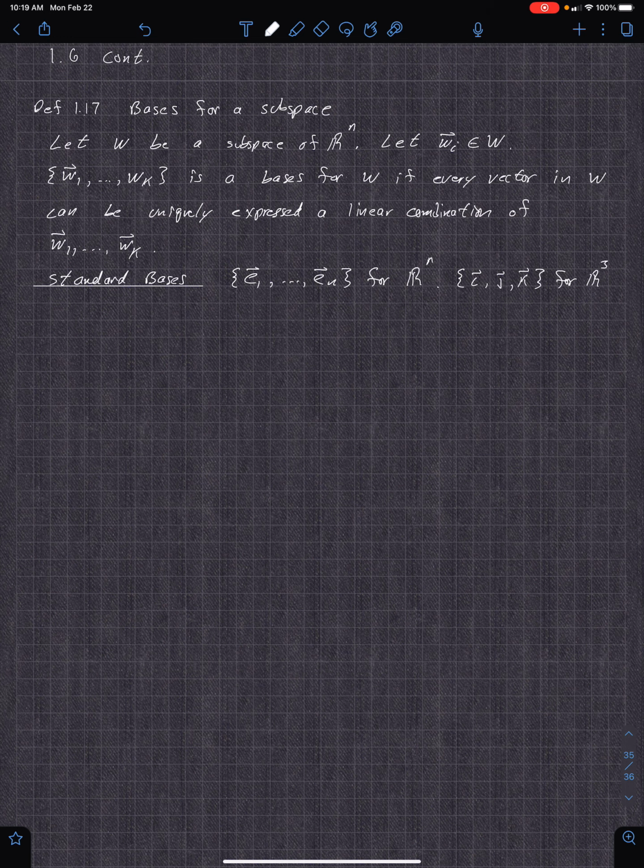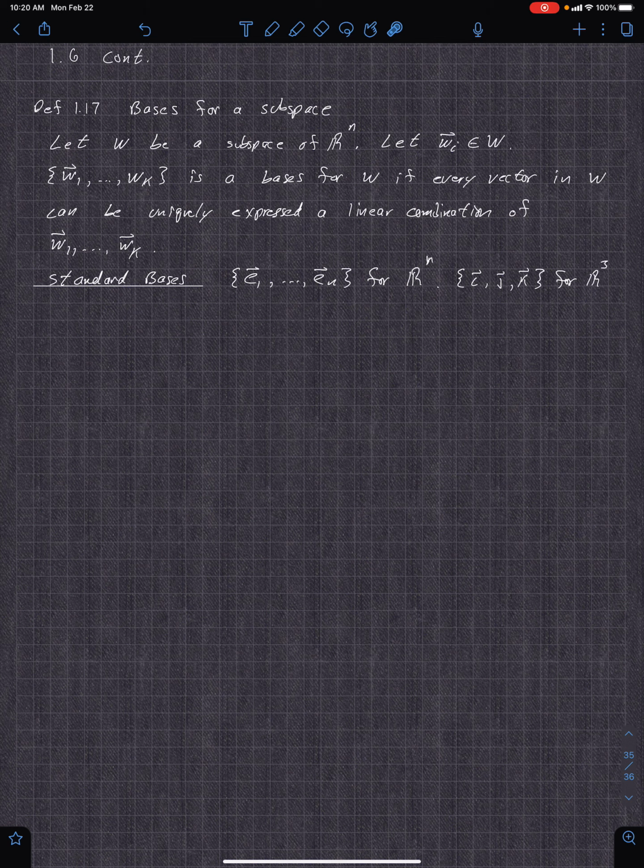So if you just had a different type of set W, then it's a basis if this holds. So that's the definition, and then we can come up with other properties and concepts as we go.